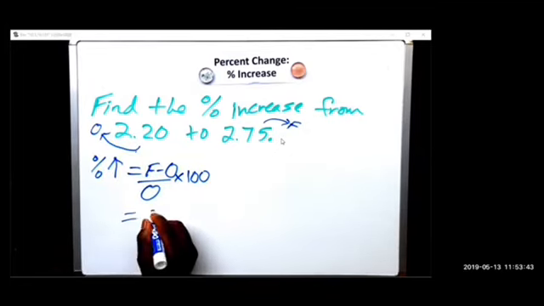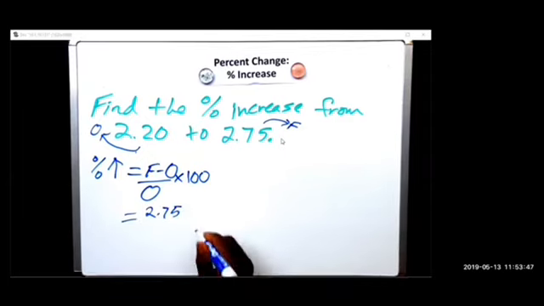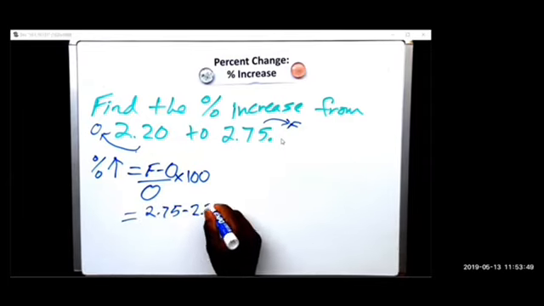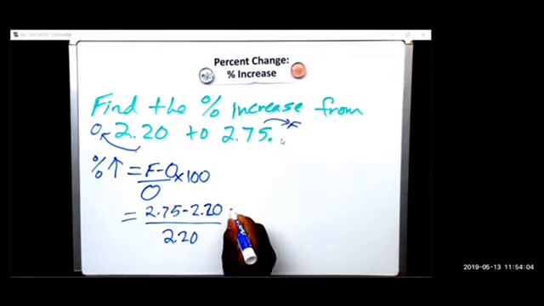So we have 2.75 minus 2.20 divided by the original, which is 2.2. I'm telling you, be careful. It is so easy. It's really just subtraction, division and multiplication, but you can mix up these numbers if you're not careful. Times 100.